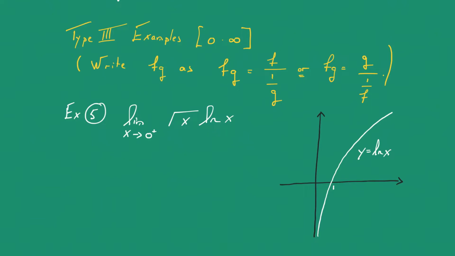And the log x, what happens to that? Well, as x tends to 0 from the right, remember log x is tending to minus infinity. So this looks like type 0 times minus infinity. So write that down. This is type 0 times minus infinity. Okay, so what is our trick?